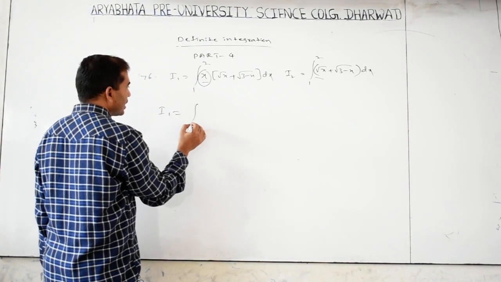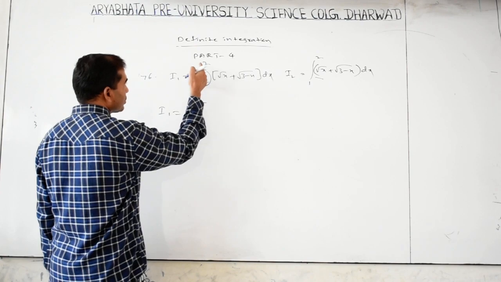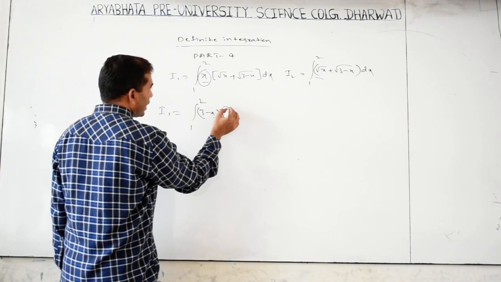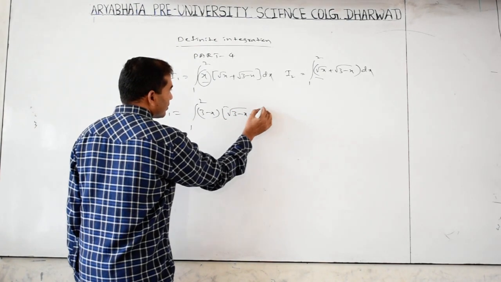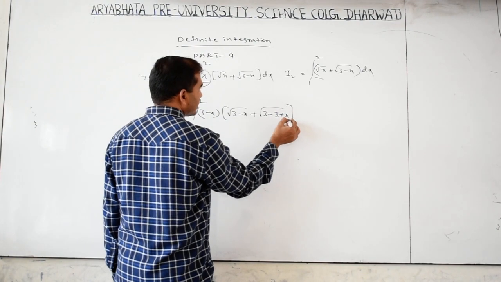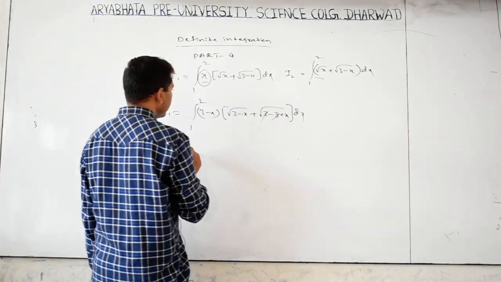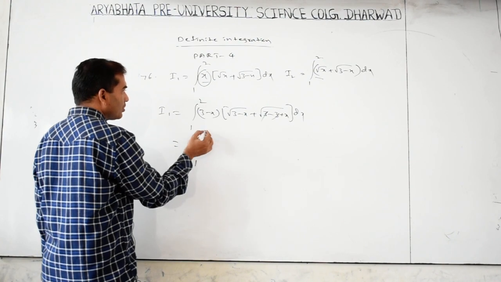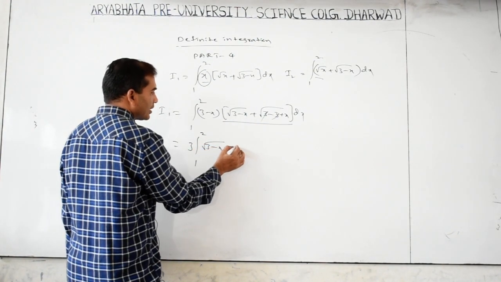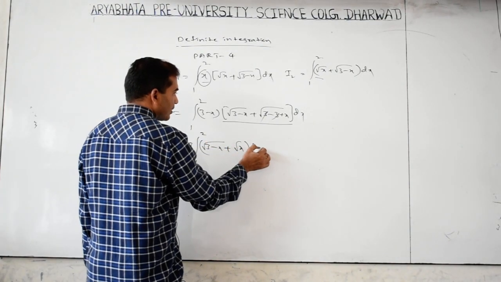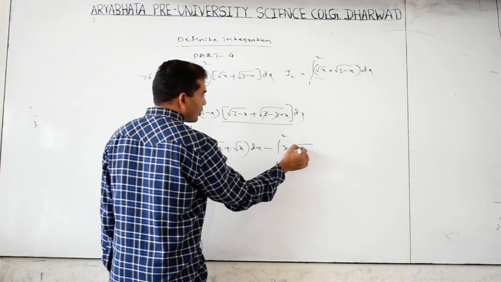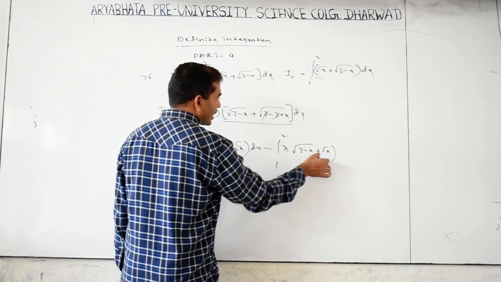I1 equal to integration of 1 to 2, in place of x write sum of the limits, 1 plus 2, 3 minus x, and root of 3 minus x plus root of, in place of x write 3 minus x, plus x dx gets cancelled. So integration of 1 to 2 3 into this root of 3 minus x plus root x dx minus integration of 1 to 2 x into root of 3 minus x plus root x dx.